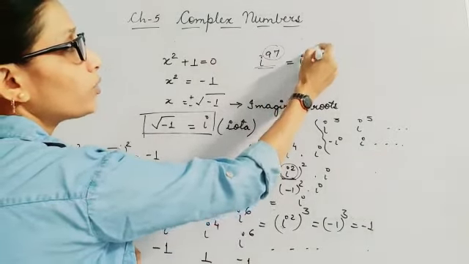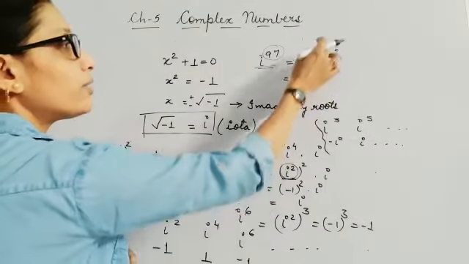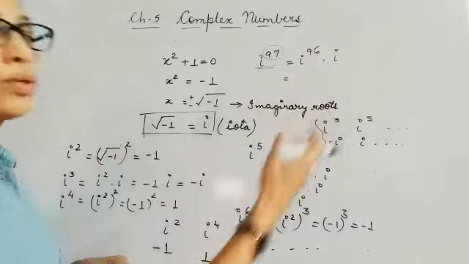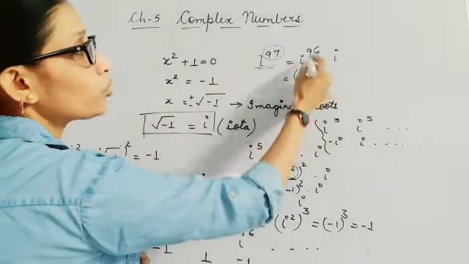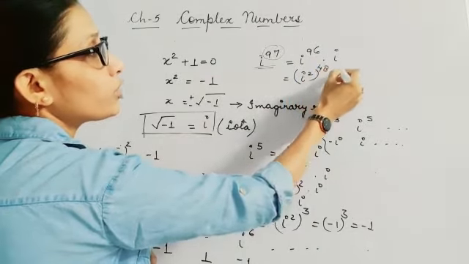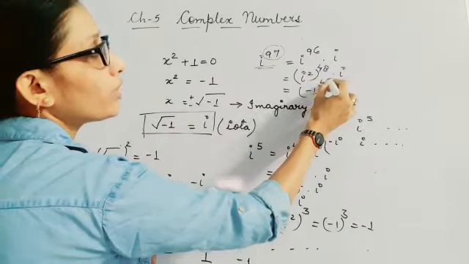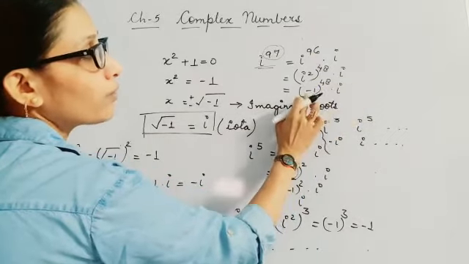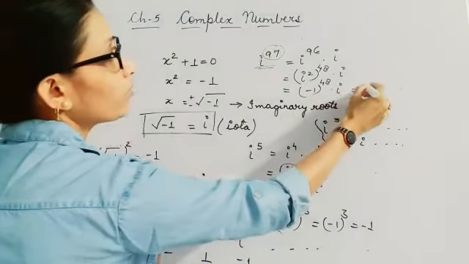So it will be iota raised to power 96 into iota, and then, since 96 is an even power, convert it into multiples of 2. So it can be written as iota square raised to power 48 into iota. So this will give me minus 1 raised to power 48 into iota. Minus 1 raised to power 48 is just 1, and this gives me iota.